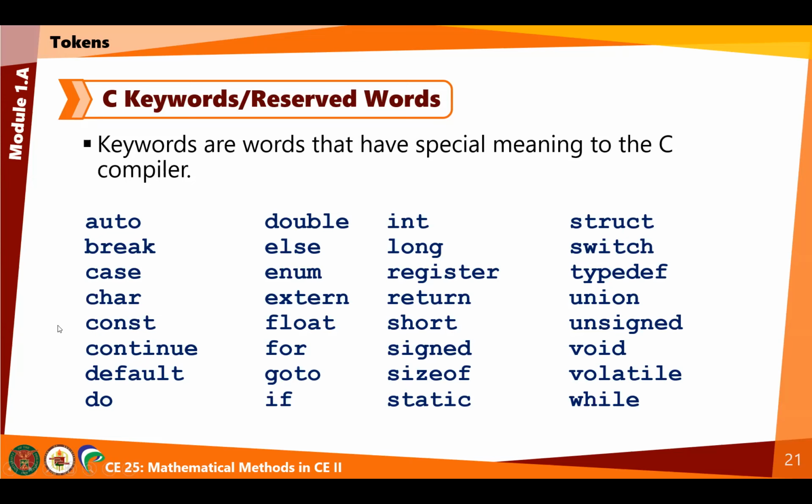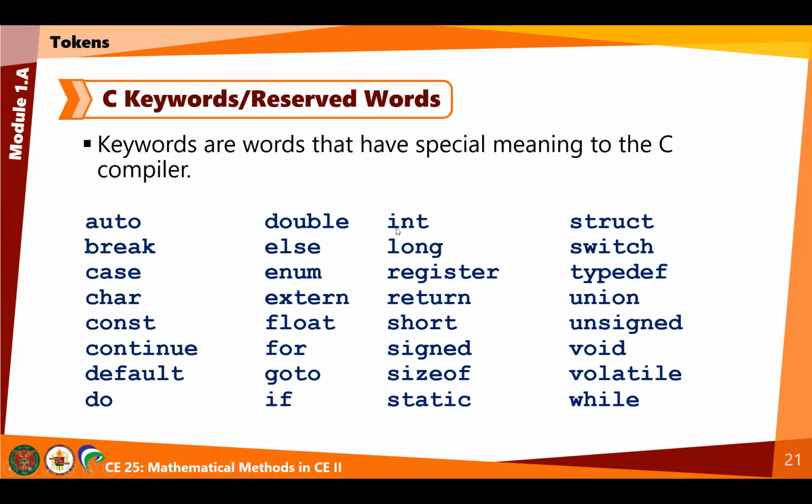Well, hindi nyo naman kailangang i-remember, pero you can always just search this. Pero you cannot use this as variables. Okay? Kasi they have special meaning to the C compiler. For example, int.